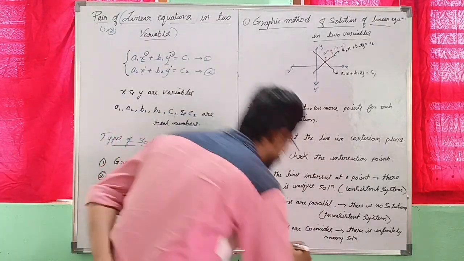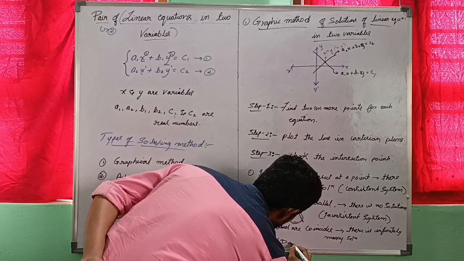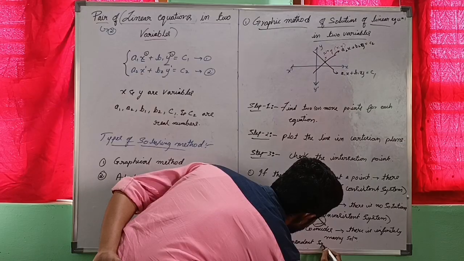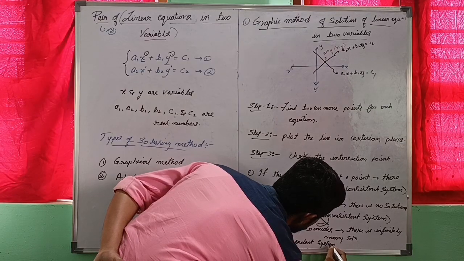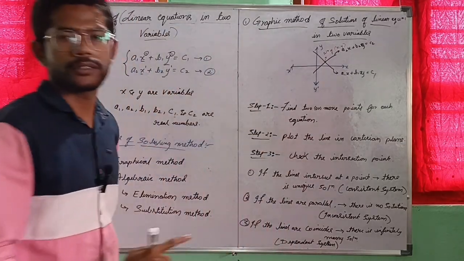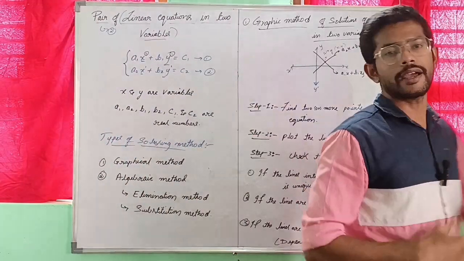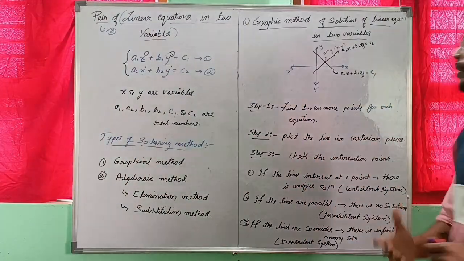It is called a dependent system. Okay, let us take an example for better understanding.